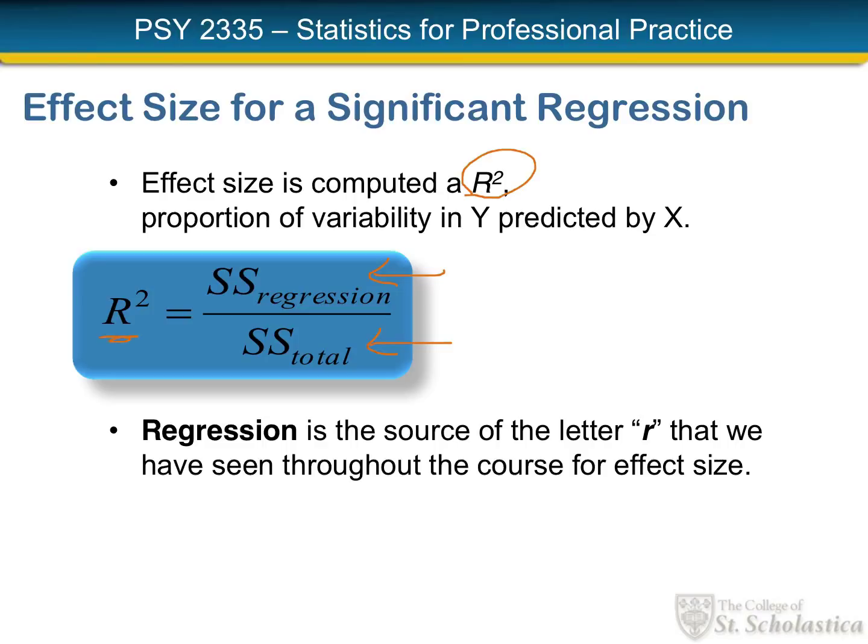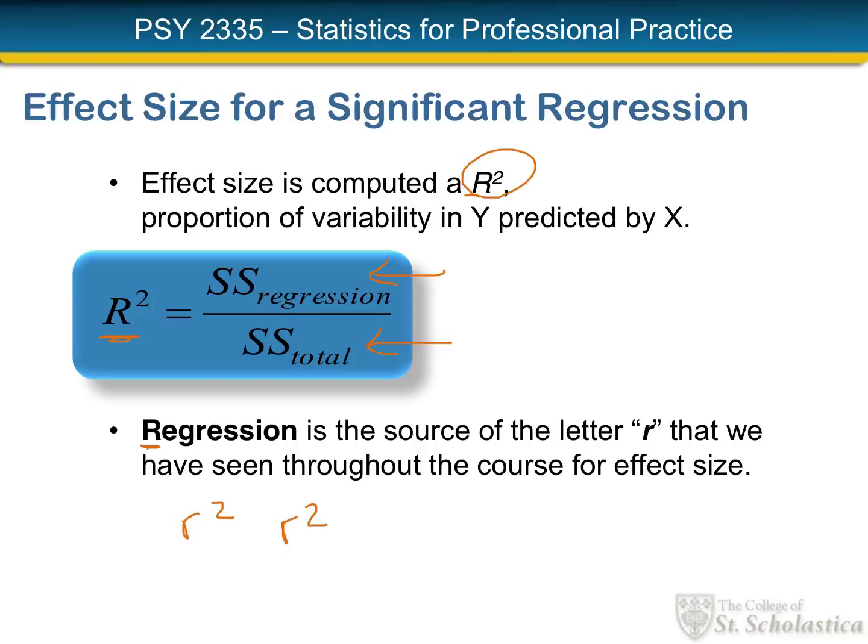And you can finally see where this letter r that we've seen throughout the course originated. It was the r for regression, and it's the source of that letter r that we've seen when we looked at little r squared as the measure of effect size for t-tests. We looked at little r squared as the coefficient of determination when we were dealing with correlation.